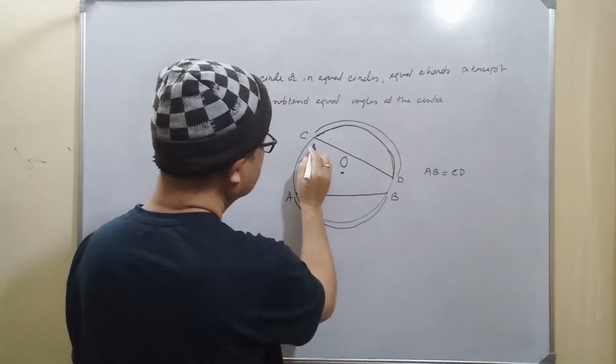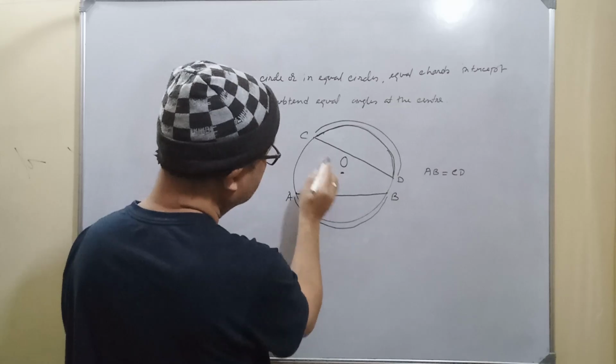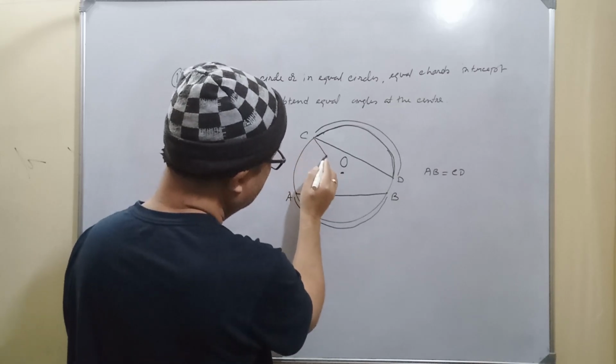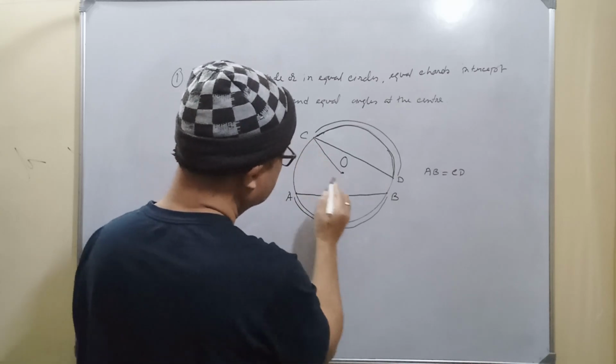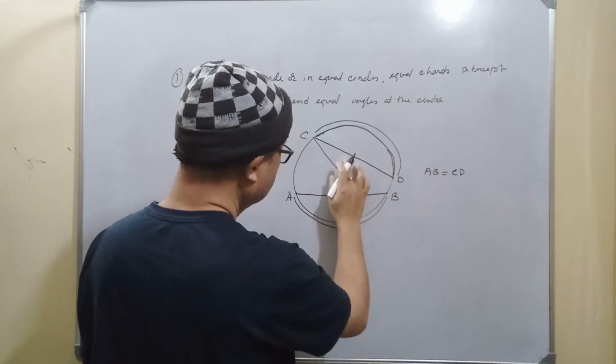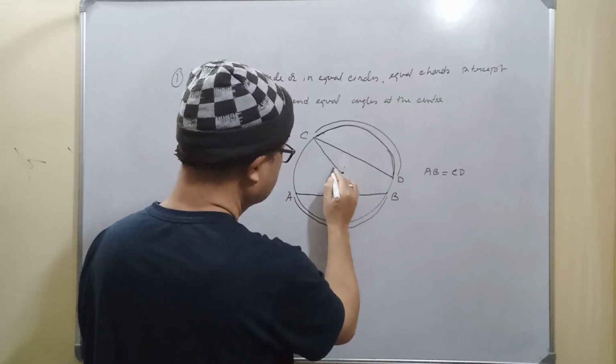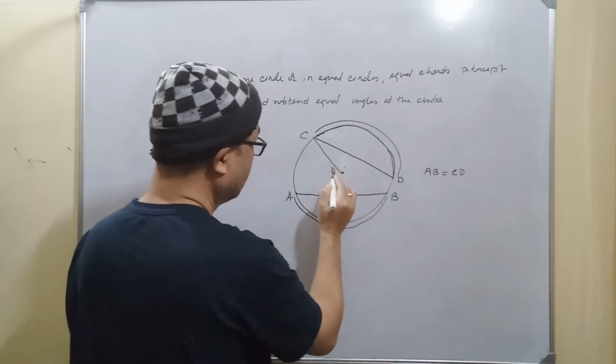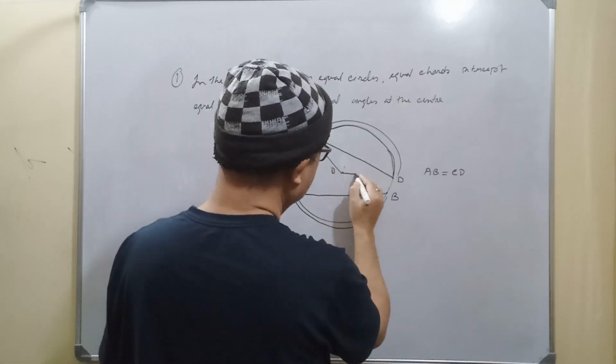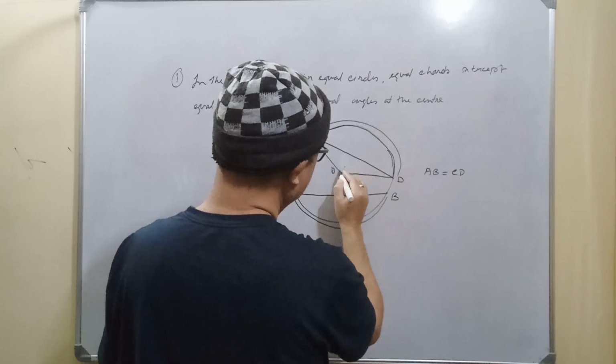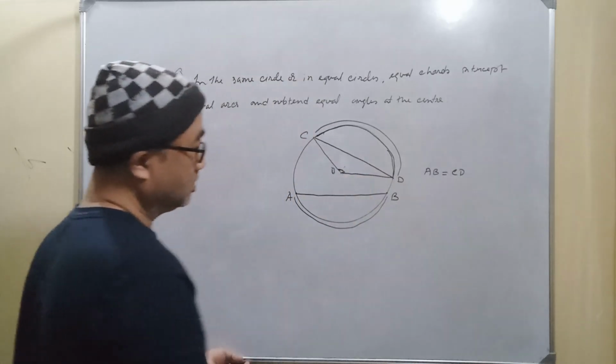What does it mean? Let us join C and O, the center. Okay, this is the center. And B and O. So we get an angle here, right?